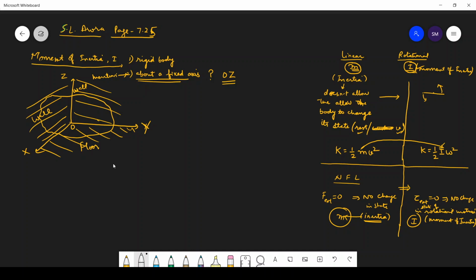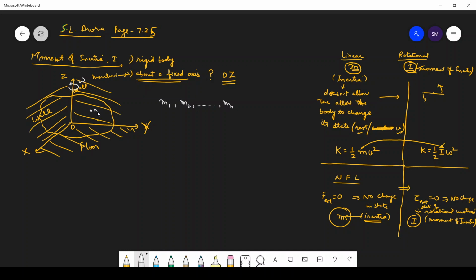So this body is rotating with angular velocity omega, and it consists of, suppose, n particles whose masses are m1, m2, and so on.